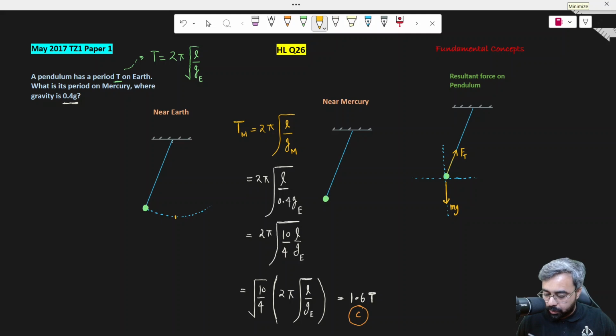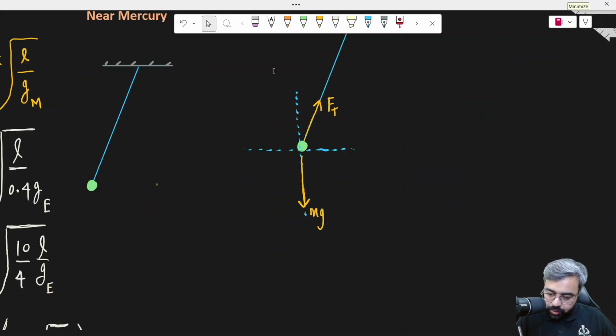If you make components of mg, dear students, there are two components. One component is in this direction, and the other component is perpendicular to this. This is theta, so this is mg cos theta, which is going to cancel or balance with the force of tension, and this is mg sin theta.